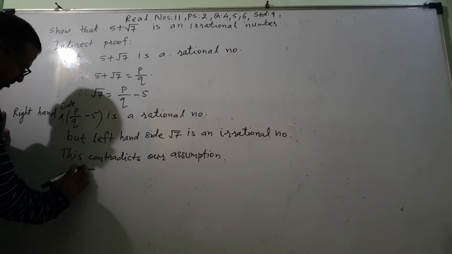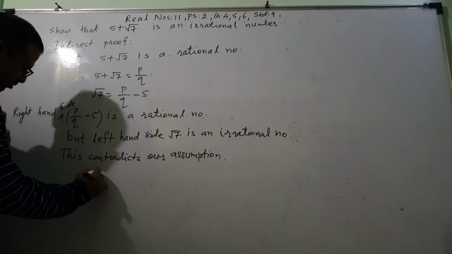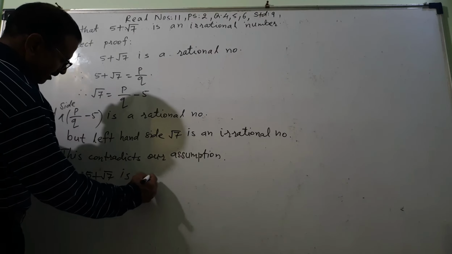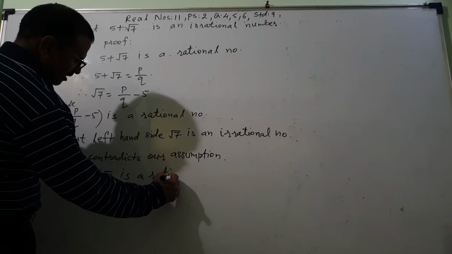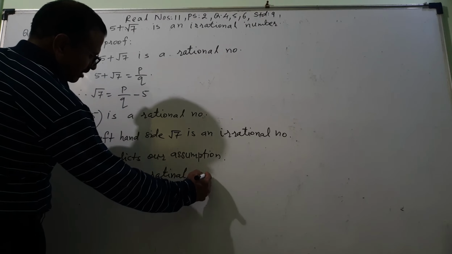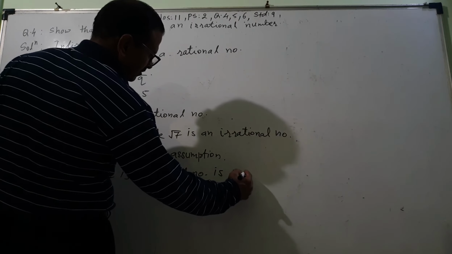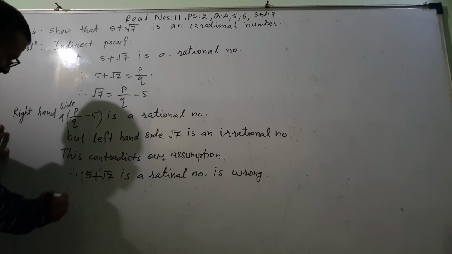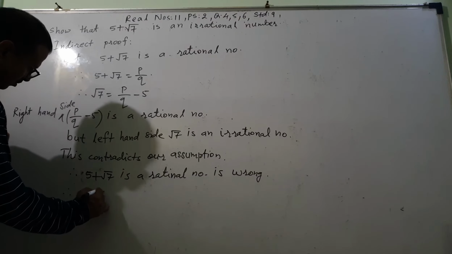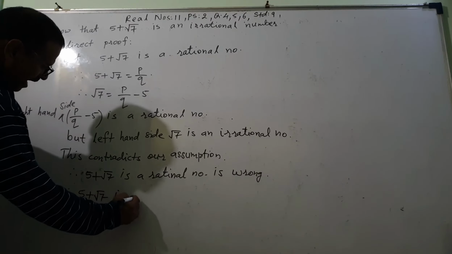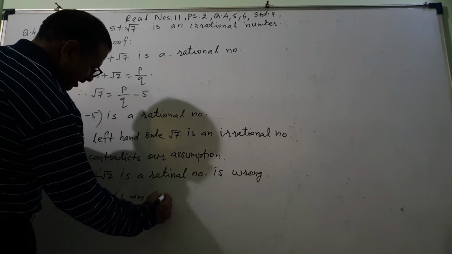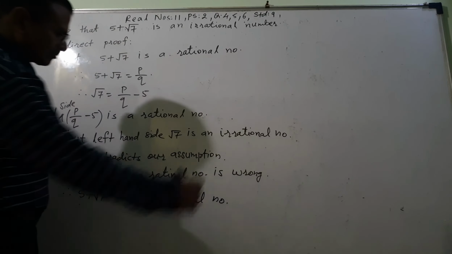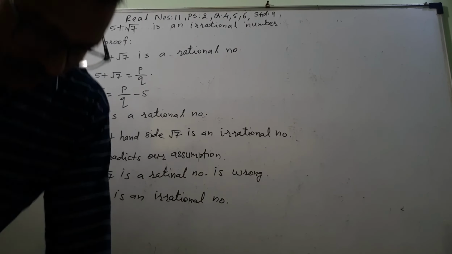Therefore, 5 plus root 7 is a rational number is wrong. Then what is correct? Therefore, 5 plus root 7 is an irrational number. This should be correct. So I hope that you have understood this.